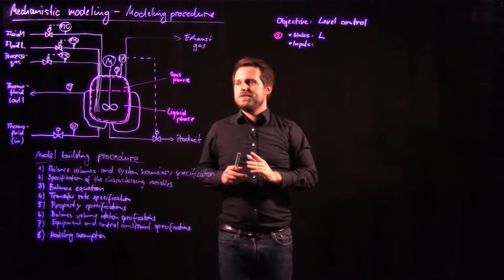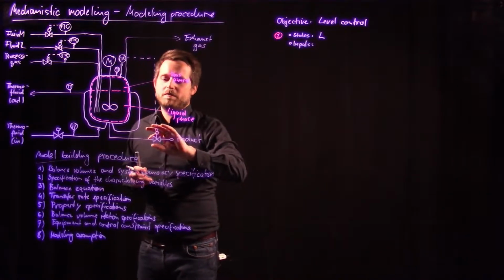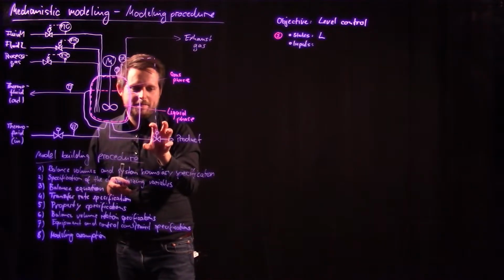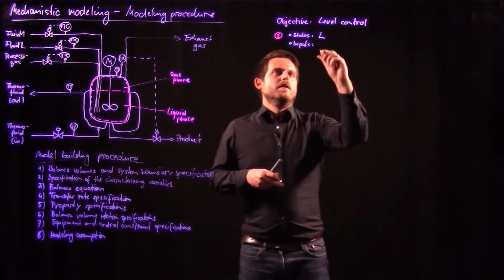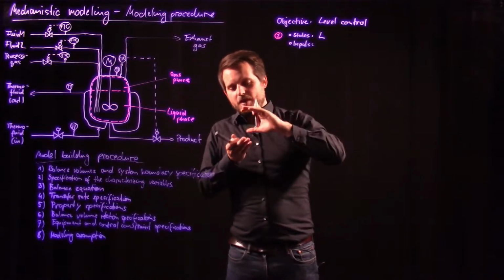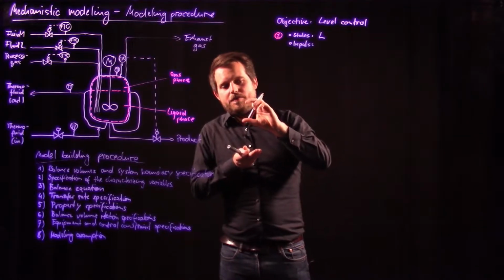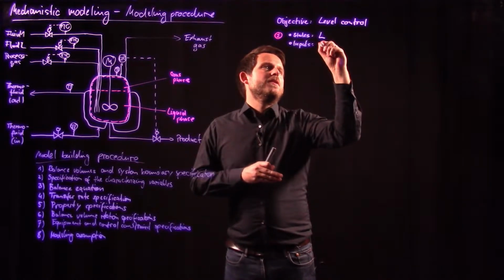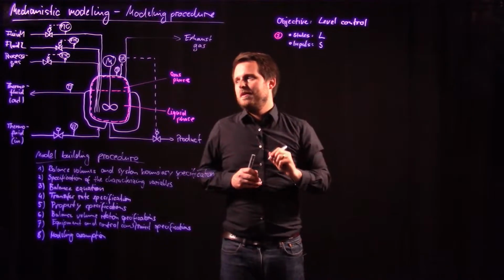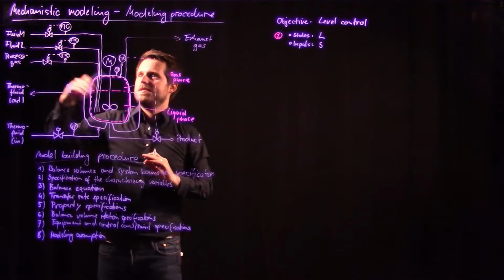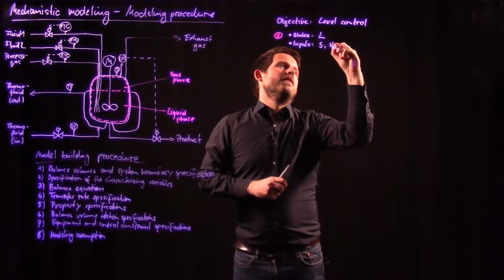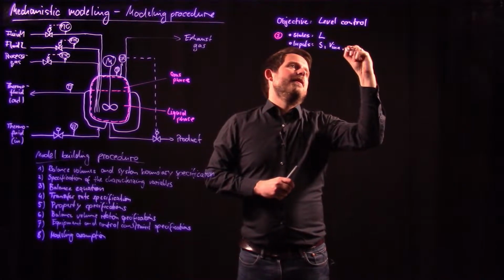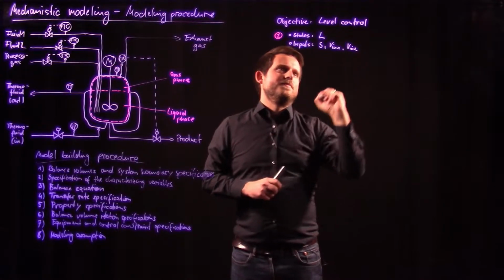For this system, if we assume we want to control the level with the help of this valve, this could be the positioning of the stem within the valve, which we denote as S. And we have some disturbances to the system, which are Vin1 and Vin2.